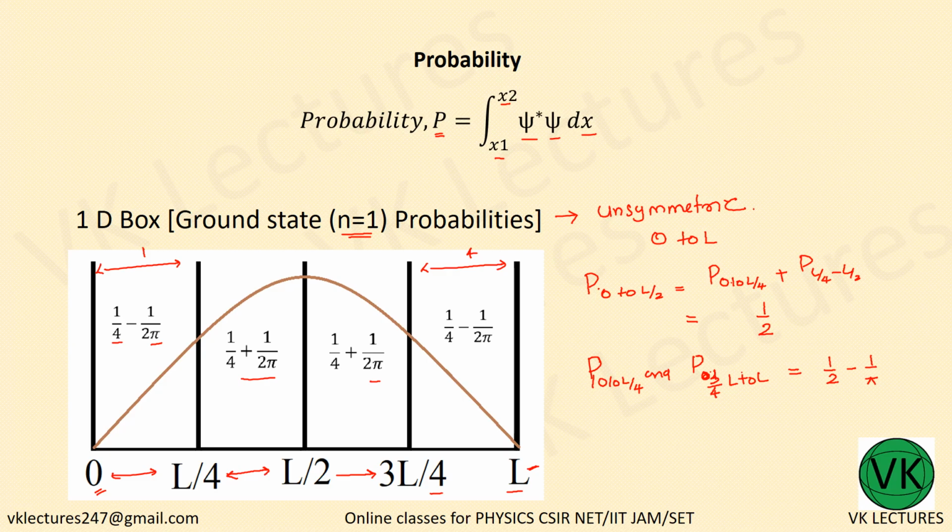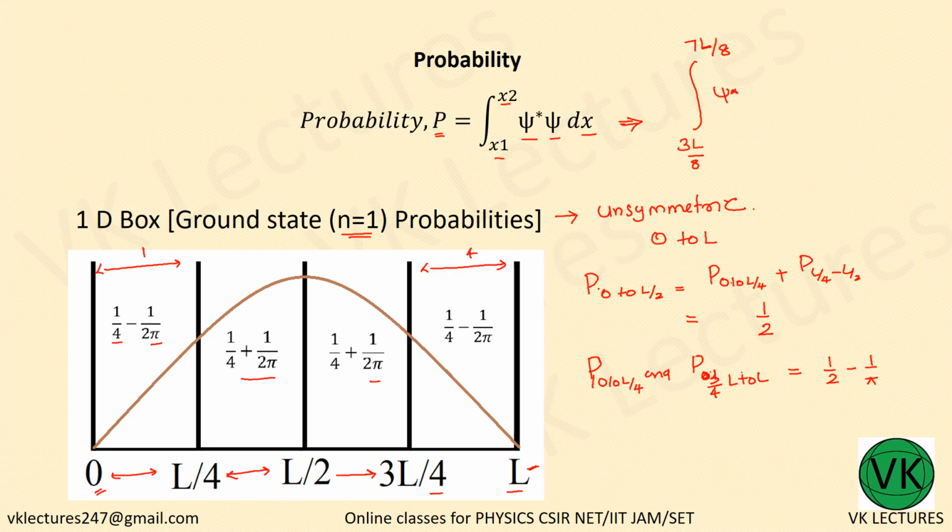If at all there are some other limits that are not given here, you can use the limits. If something is asked, like 3L by 8 to 7L by 8, this is a possible question.